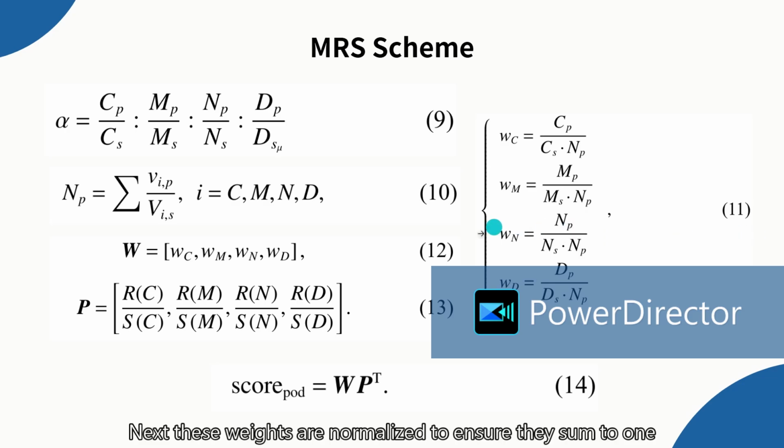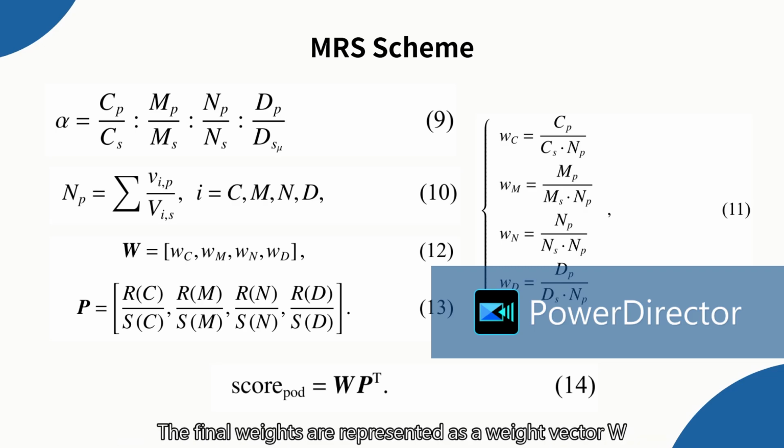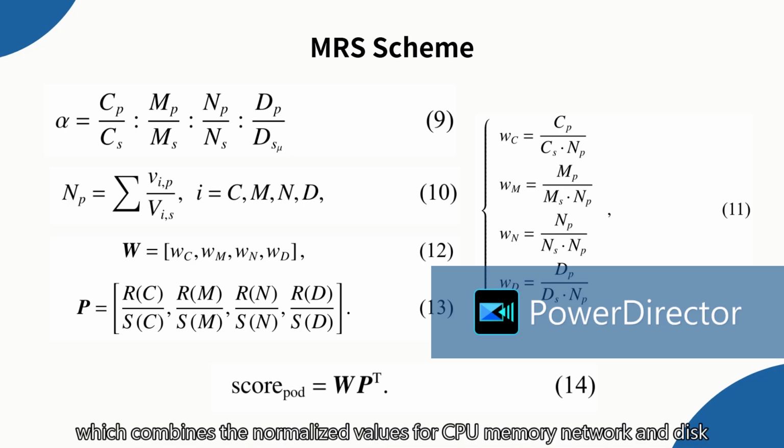Next, these weights are normalized to ensure they sum to 1. This normalization process is outlined in formulas 10 and 11, producing a set of normalized coefficients for each resource type. The final weights are represented as a weight vector W, which combines the normalized values for CPU, memory, network, and disk.